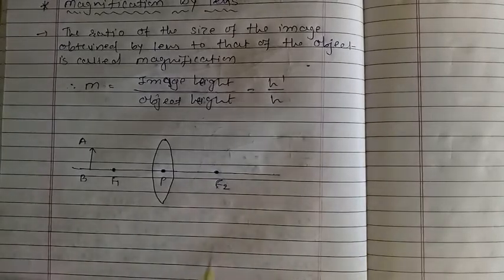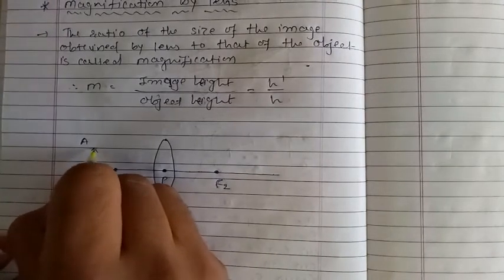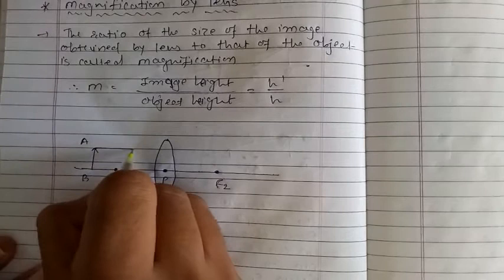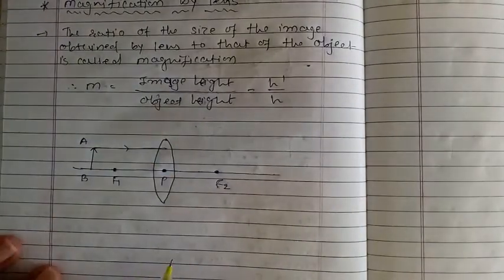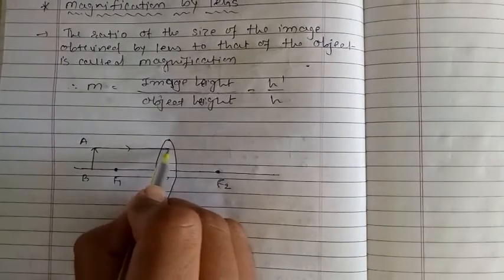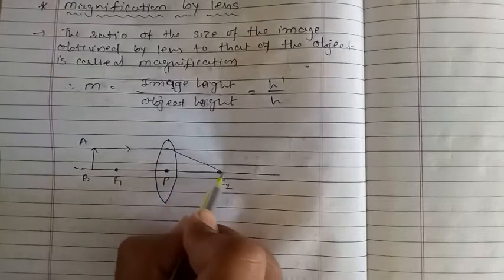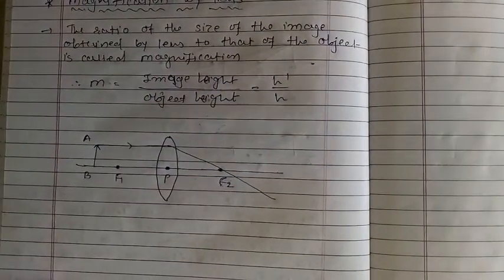First, a ray is parallel to the principal axis like this. If the ray is parallel to the principal axis, then it passes through the second principal focus like this, right?